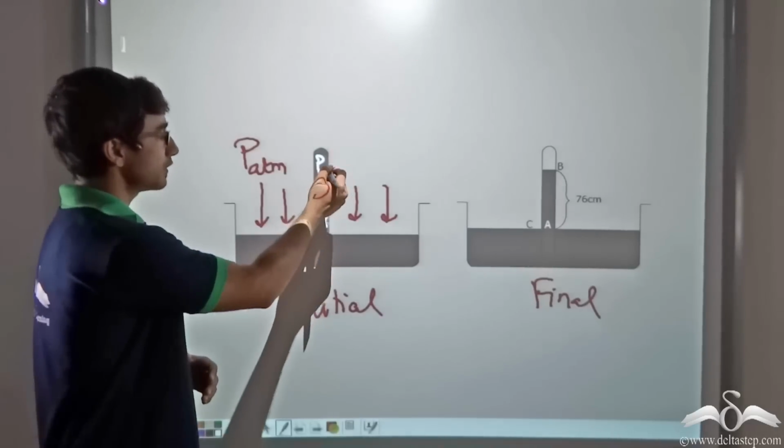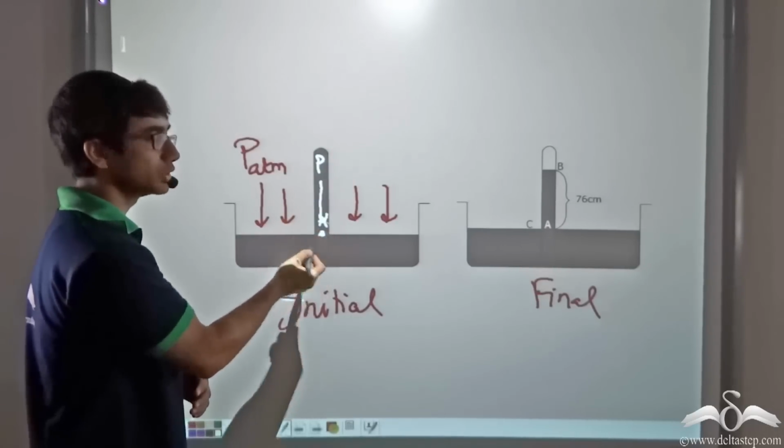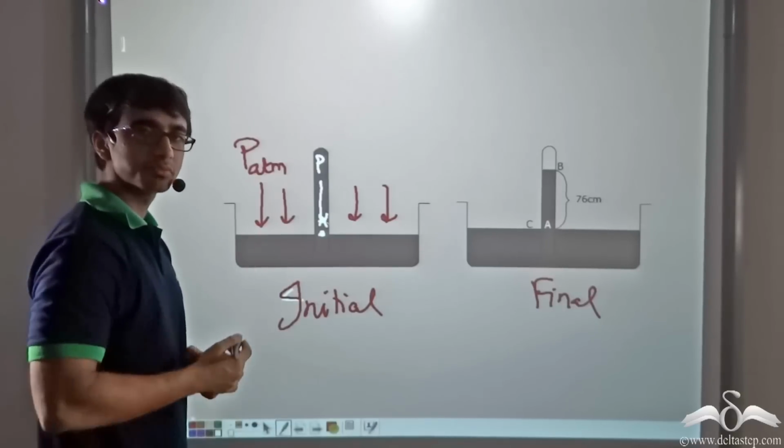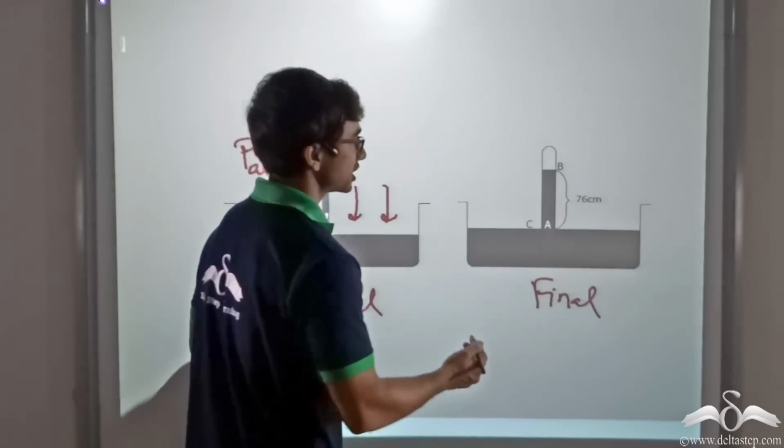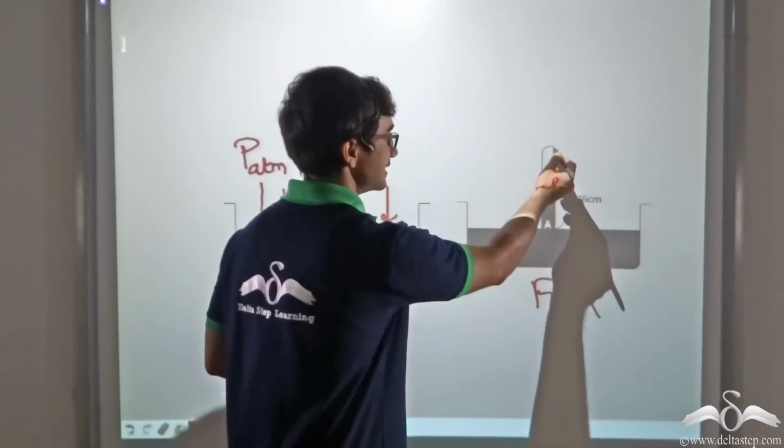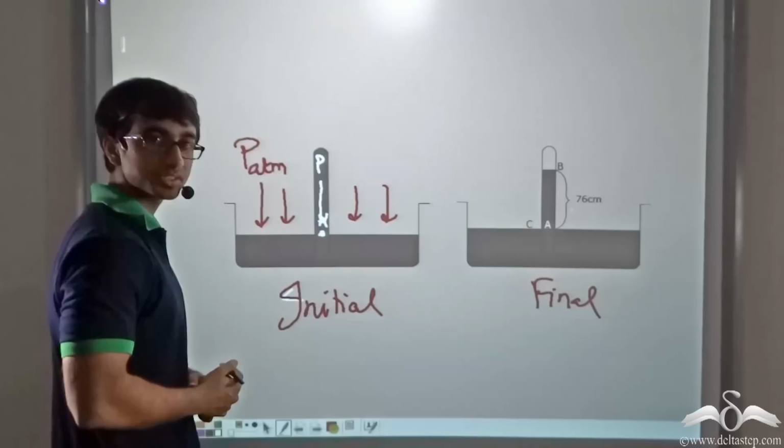Now we found that liquid is flowing from inside to the outside. So what does this mean? This means that pressure must be greater inside the liquid as compared to the outside.